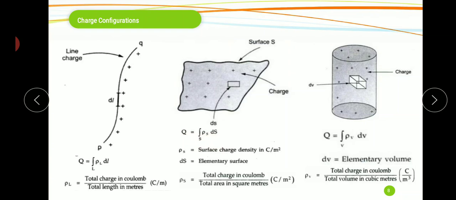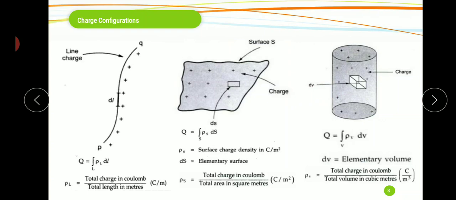And the next concept, let us consider a cylindrical shape. A cylindrical shape is an example of a three-dimensional view. That means it has length, breadth and width, so it has three variables. In this case, let us assume a smallest volume, a differential volume, indicated by the letter dV.